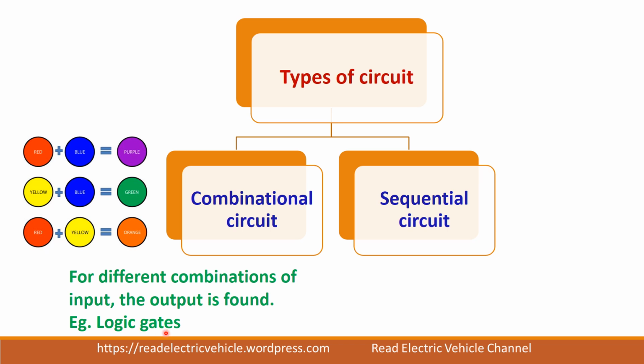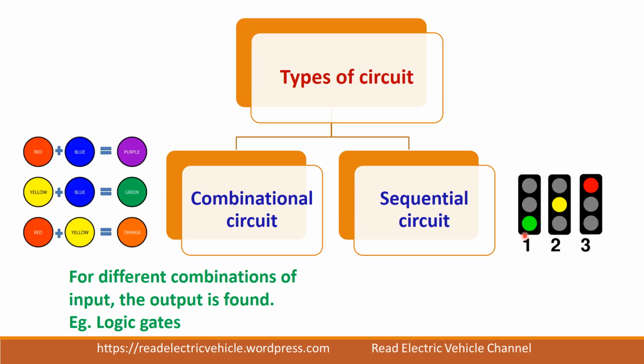An example is logic gates. Then sequential circuit: by this name, sequential, it says that something happens in a sequence, or in an order. For example, you take this traffic light signal. If green is there, then it will automatically go to yellow, not directly to red.